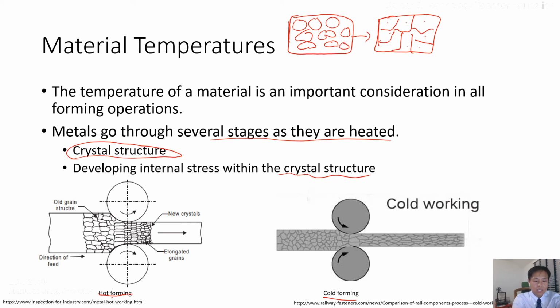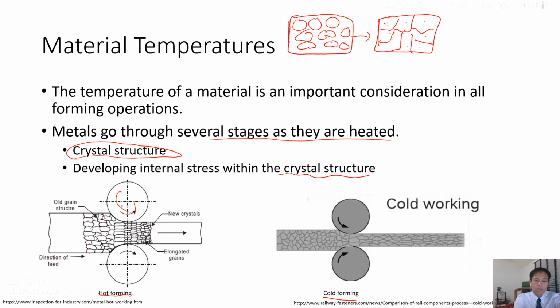But let's look at the two differences of forming process, hot and cold. Let's just say this is rolling, and this is a hot process, meaning that we apply high temperature to this object. This is the original structure, the old grain structure, which has a certain grain pattern. This structure determines the property of this object.